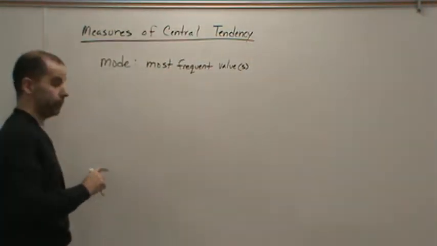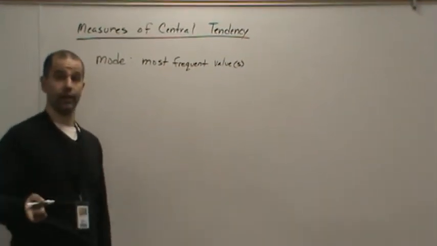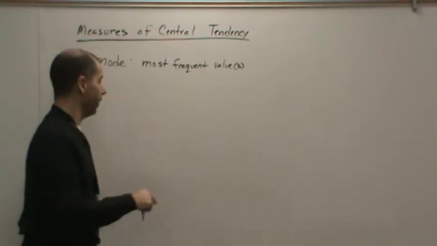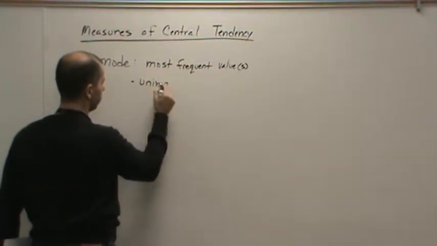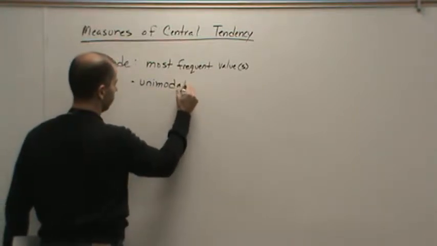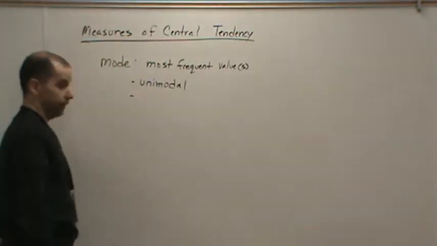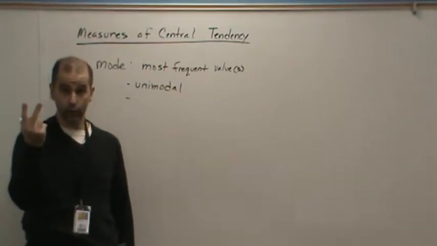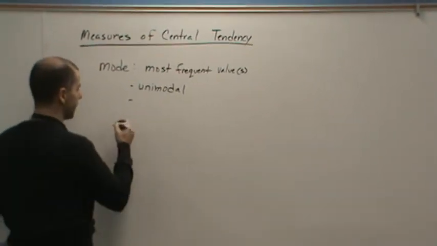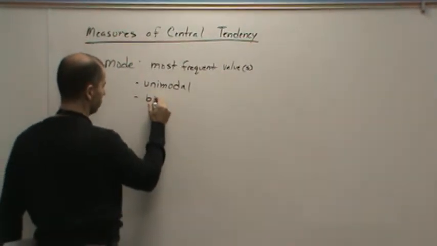If there's only one value that occurs the most, then we would say that's unimodal. If there's two values that happen the most with the same frequency, then we would say that's bimodal.